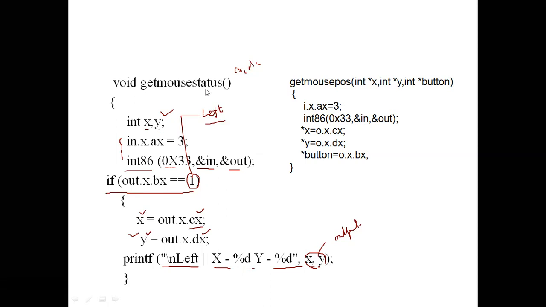Description-wise, another function is written, get mouse position. Pointers are declared, that is x and y and button. Button will be holding the button status, and the two parameters are the x and y values. The service is given, AX equal to 3, and the interrupt is generated. These pointer values can be passed to this function when I use it in main.